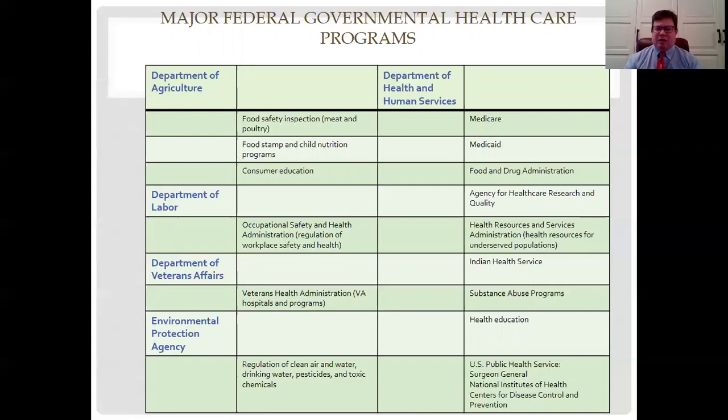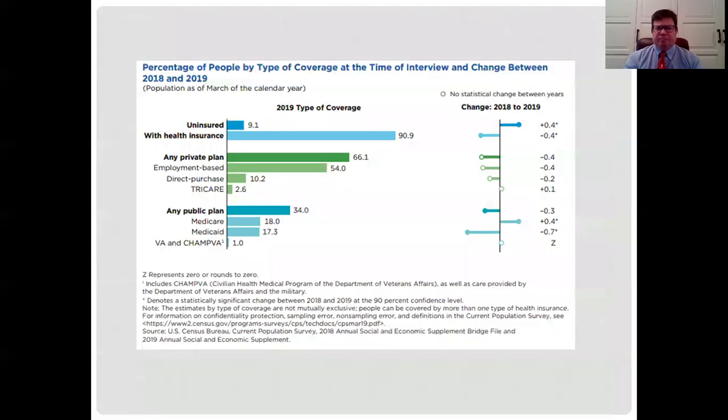And down at the bottom, you can kind of see those things that have been quite important to us in recent months. For example, the Center for Disease Control and Prevention is part of that Health and Human Services, as is the National Institutes of Health, which does a lot of research on health problems in the United States, oftentimes farming that out or working in conjunction with the private sector.